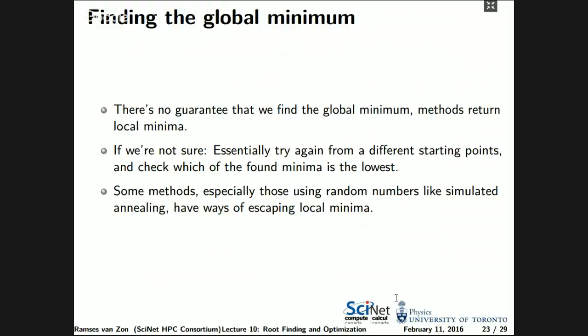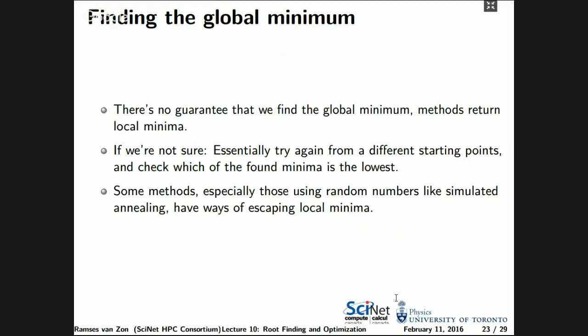Now, this matters for minimization typically more than for root finding. For root finding, it was also possible that if I draw you a curve that's positive and negative, there's a root somewhere in between. We're going to find it, but then maybe there are two more, and I just found one.